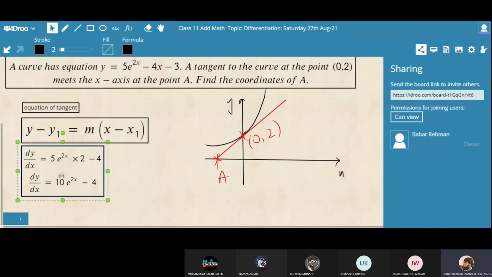And they are saying we have to find the coordinates of A. So this is the derivative, and then I will substitute over here. But can anybody tell me how I can find the value of this derivative now? Can I input the complete 10x over here? What can I do now?